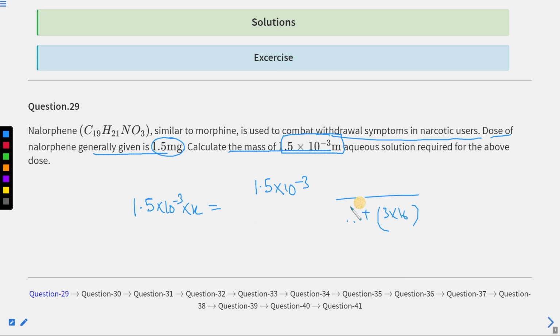So we do not need to calculate the number of moles, right? So in 1 kg we have 1.5 into 10 to the power minus 3 moles of naloxone. And how many moles we need?